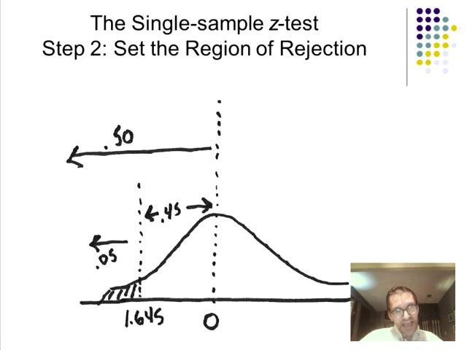In our z distribution, it's split down the middle, with 0.50, or half the distribution, off to the left. We want to know the far left 0.05, but because of the nature of our chart, we need to look up that 0.45, because our chart only tells us the distance between score and mean.